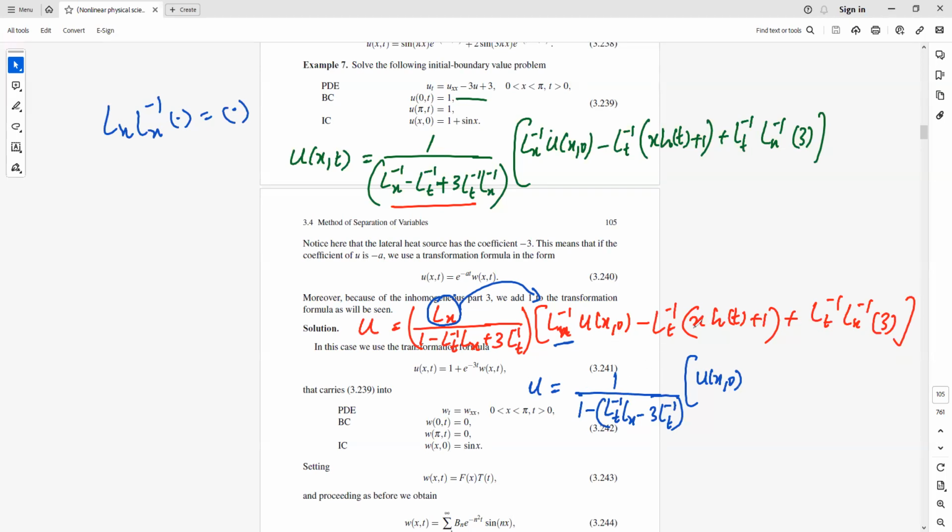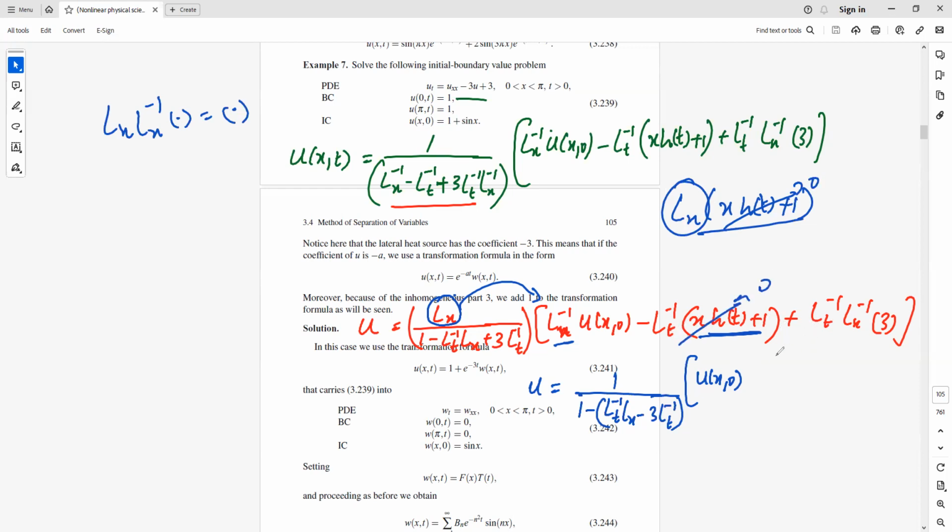Then we have the function h of t with x as a multiple, plus 1. When Lx is applied on this function it becomes 0, because this is a second partial derivative, so this term vanishes.